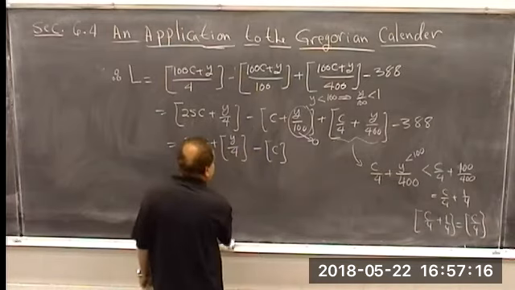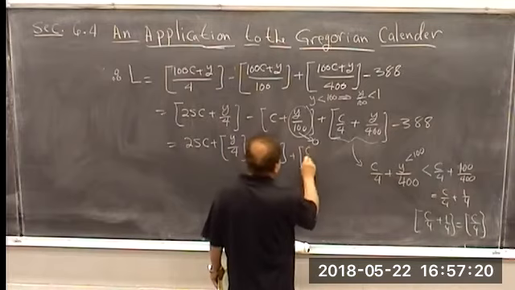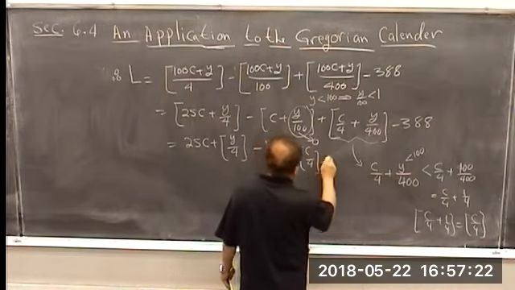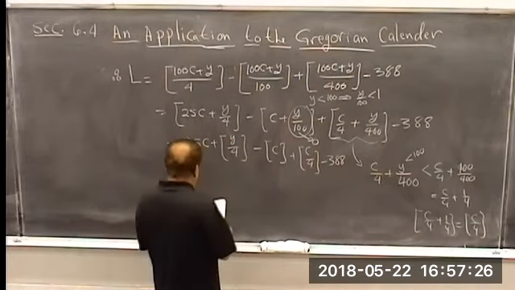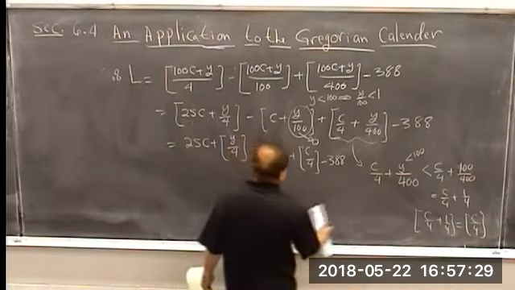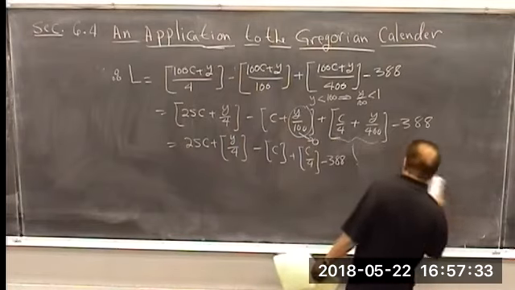So this means that we could replace this by just C over 4 and then minus 388. All right, I want to also simplify this a little more by adding all these numbers and so on.